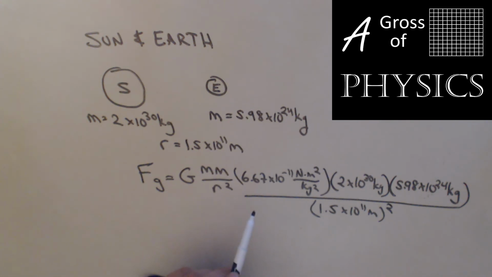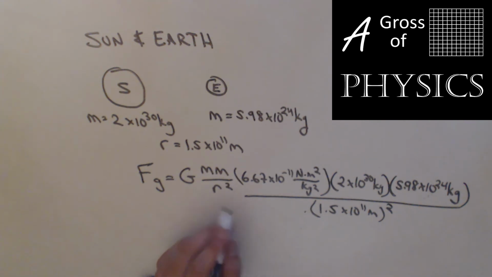6.67e-11 times 2e30 times 5.98e24, and we get a number 7.98e44 before we divide by 1.5e11 squared.